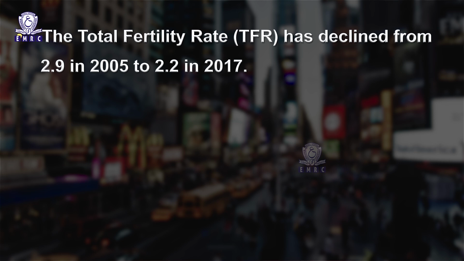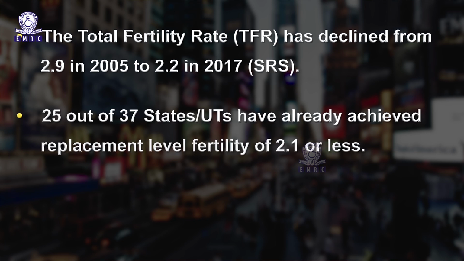As a result of the government's efforts, the successes achieved are listed here. The total fertility rate, or TFR, has declined from 2.9 in 2005 to 2.2 in 2017. 25 out of 37 states and union territories have already achieved replacement level fertility of 2.1 or less.